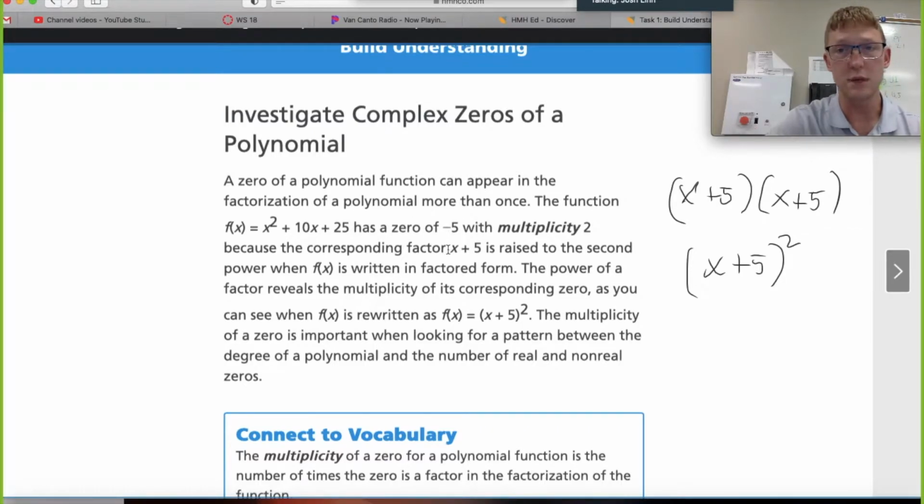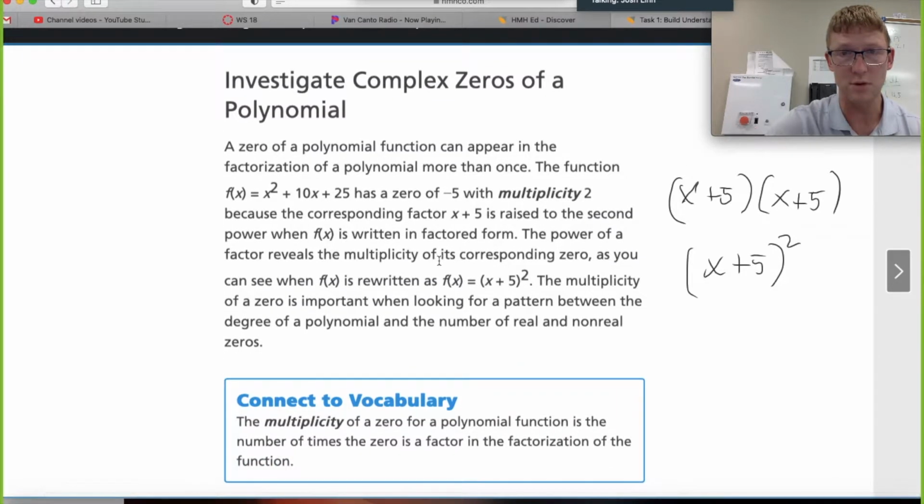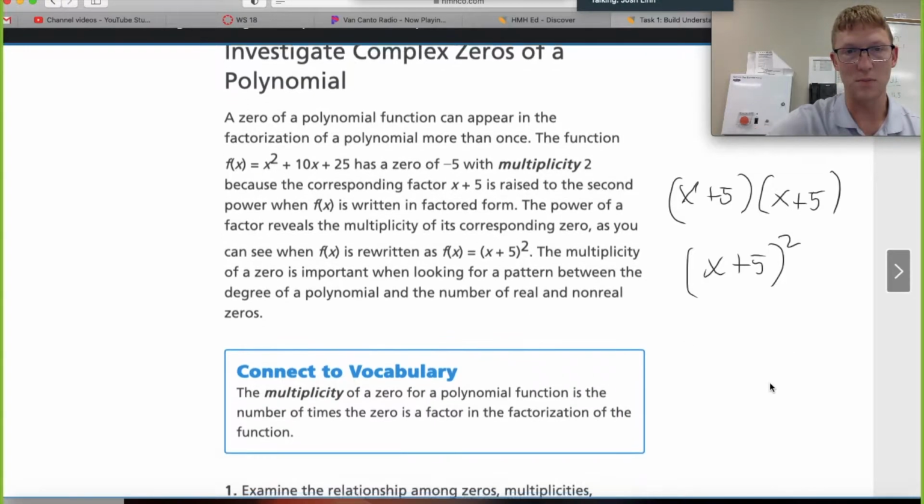When we do that, it is said that we have a multiplicity of 2. When you have one of your zeros, or roots, raised to a power, that's where you get your multiplicity.